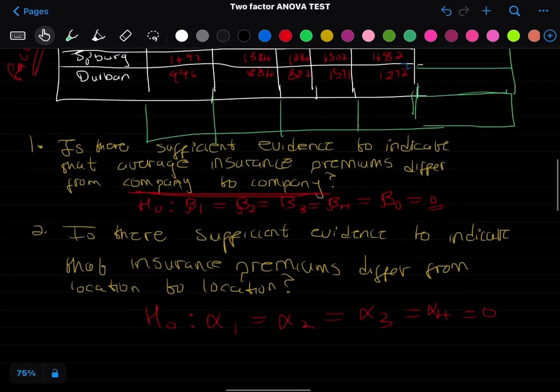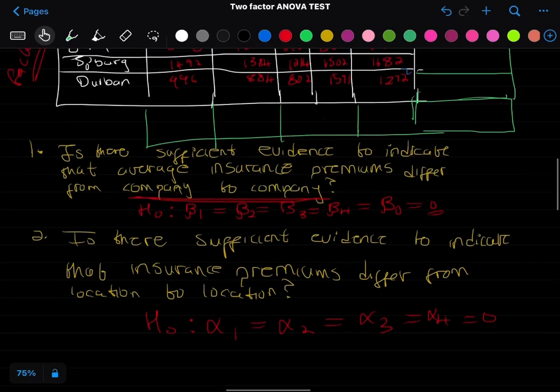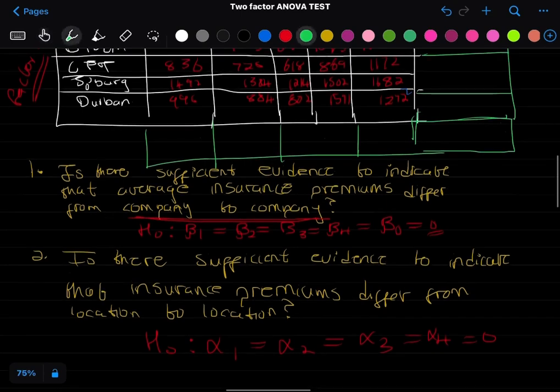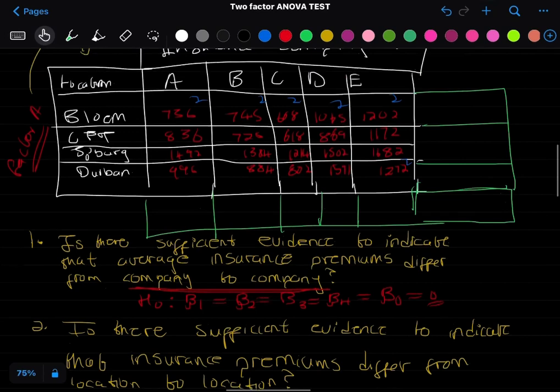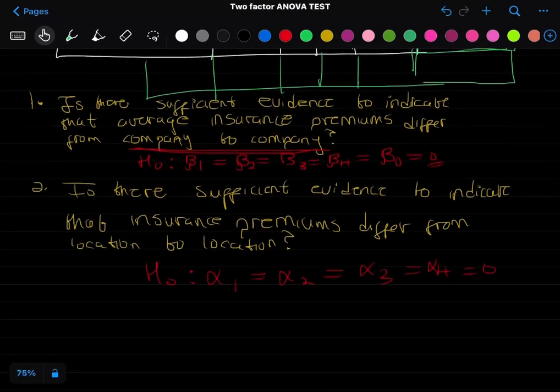To conclude, we have to decide whether we reject the null hypothesis or not. So how are we going to do that? It means we have to find the test statistic.